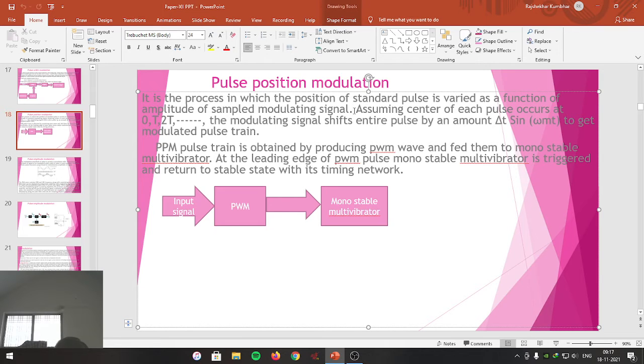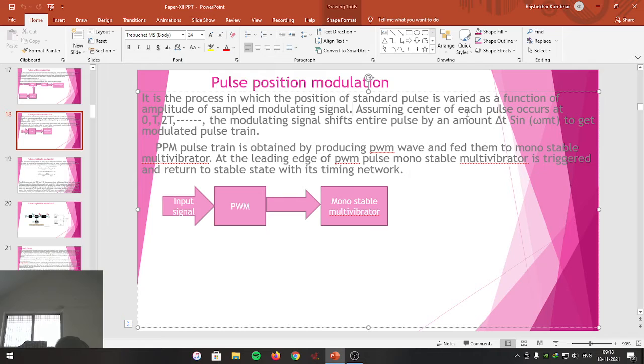We already studied that the analog signal is DC biased and clamped at one side. Then its samples are taken at different intervals of time. As the samples are taken at different intervals of time, as the amplitude changes, accordingly the position of the pulse changes. That is what we call pulse position modulation.